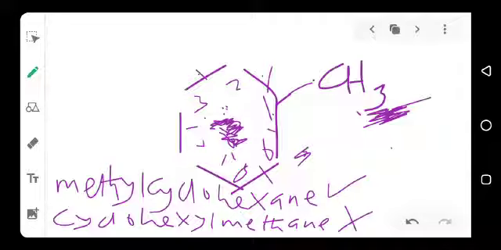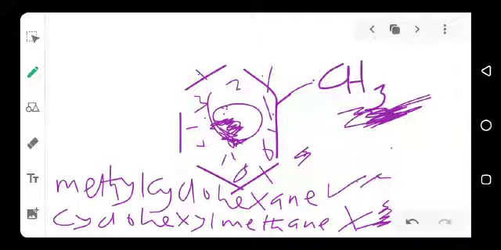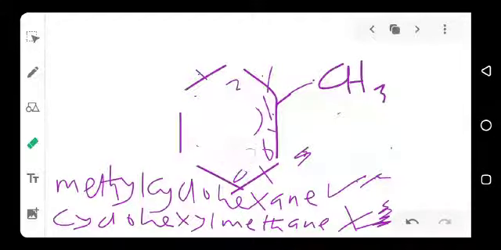So this one is wrong. This is the correct form for it. So you should not name this ring before you name the substituents. Okay? So that is it.